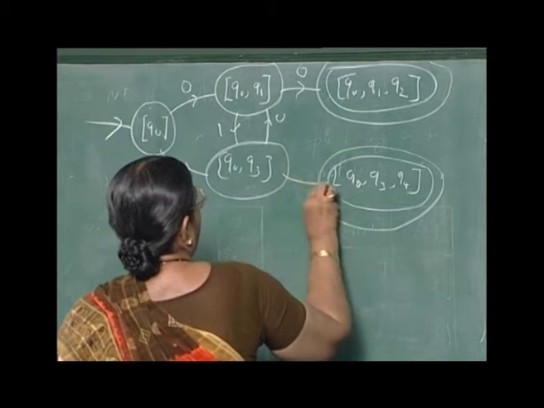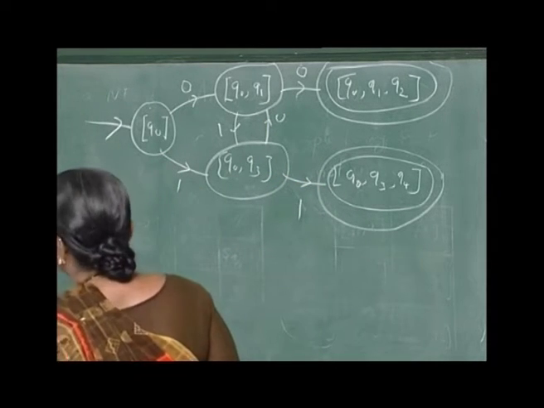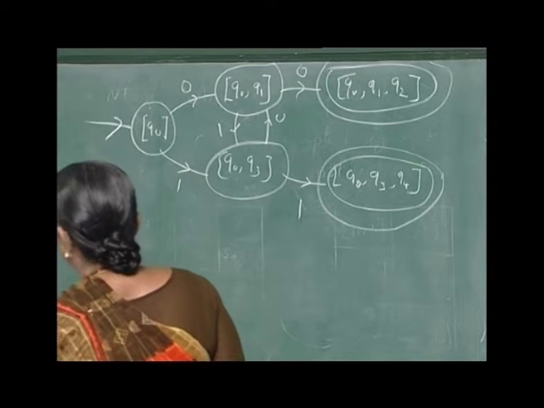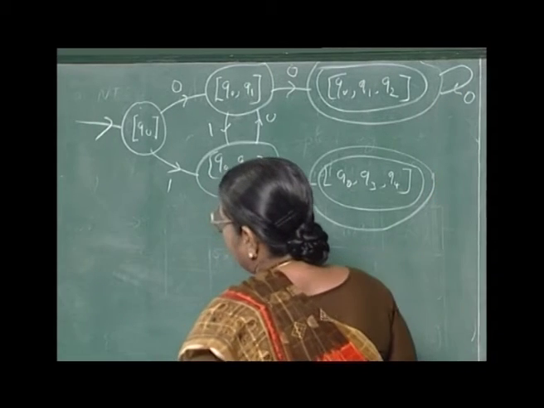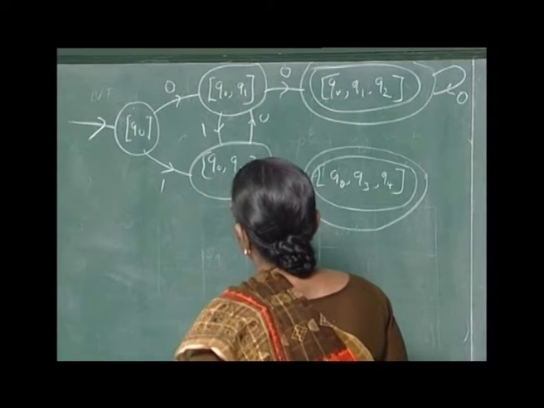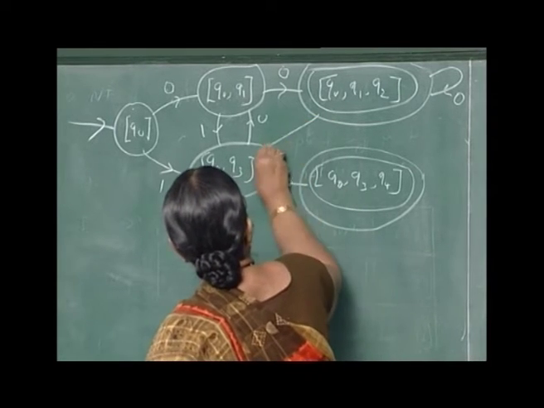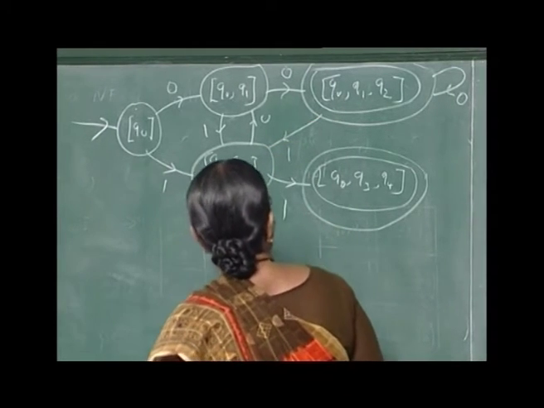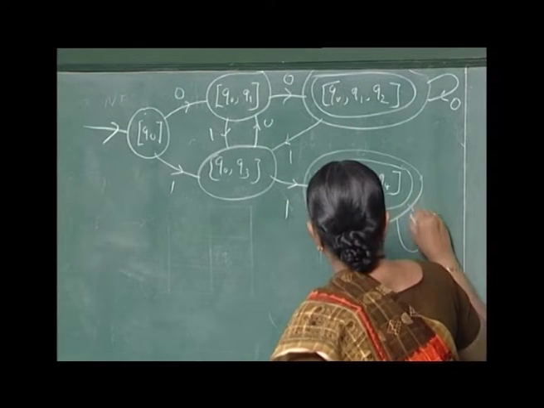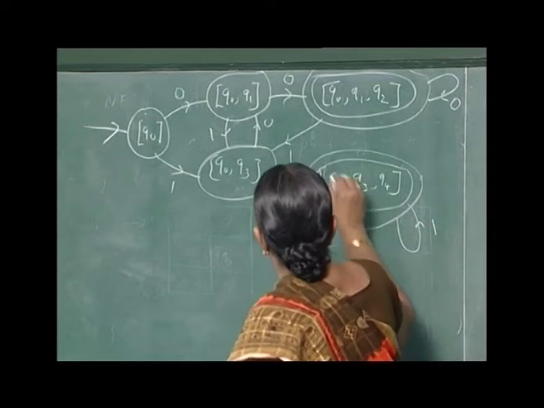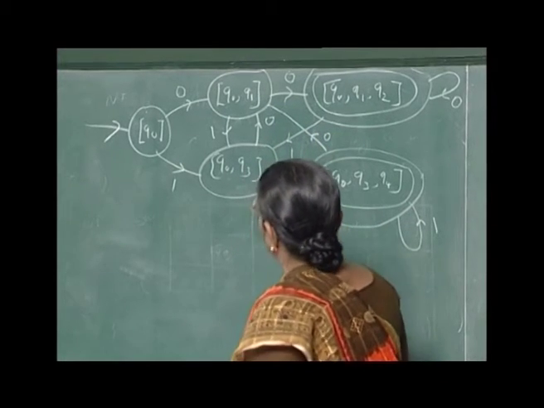If you get a 1, you go here. From Q naught Q1 Q2, if you get a 0, you remain in the same state. If you get a 1, you go to Q naught Q3. From Q naught Q3 Q4, if you get a 1, you remain in the same state. If you get a 0, you go here.